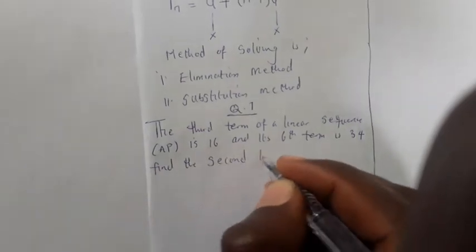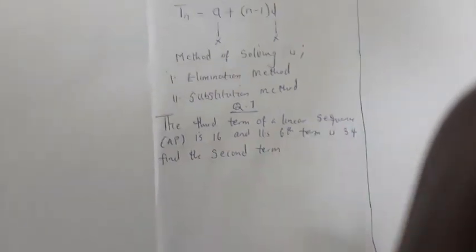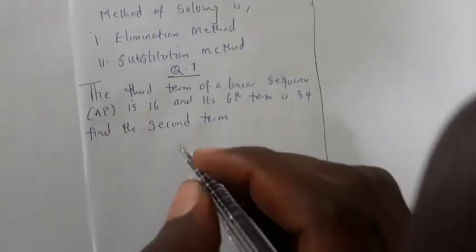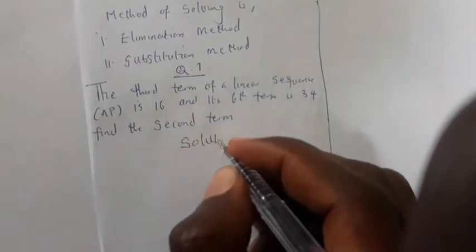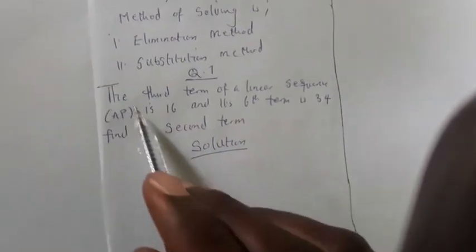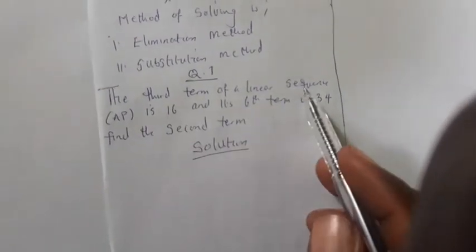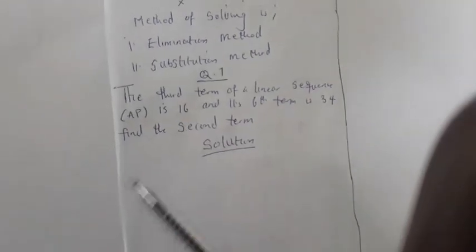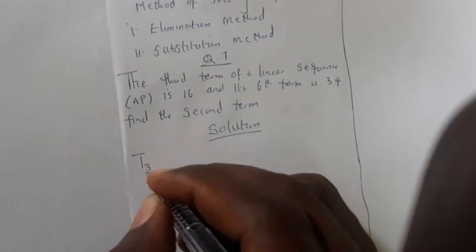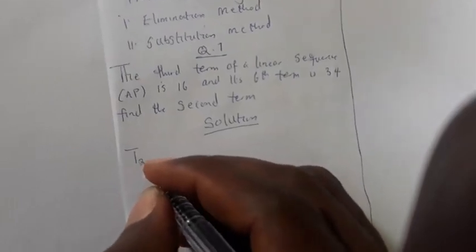Now, let's see the solution. Solution goes thus. The first thing you are going to notice is that the third term of a linear sequence is 16. Third term, that is T3. Third is 3.